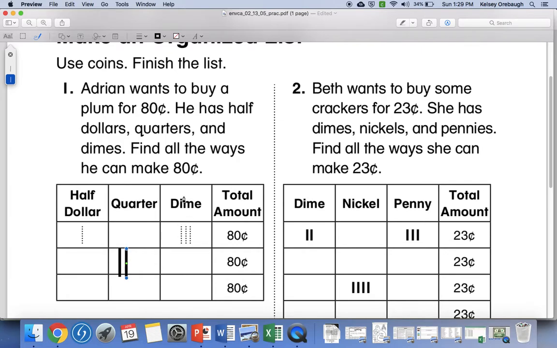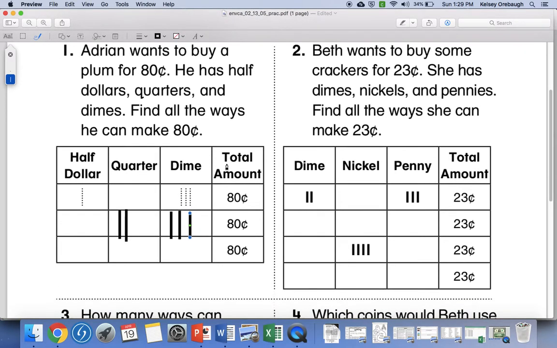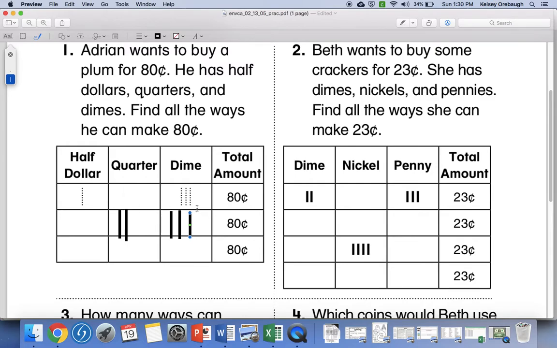Well, lucky for us, we have coins that are worth 10 cents. We need to add how many dimes to make 80 cents if we have 50 so far. We have 50 cents, 60, 70, 80. See how we did that? 2 quarters and 3 dimes makes 80 cents. 25, 50, 60, 70, 80. So that combination works.